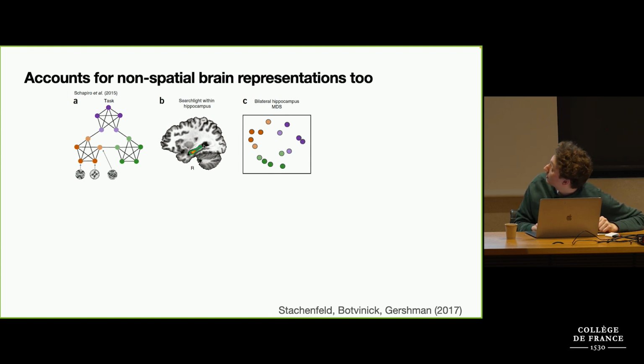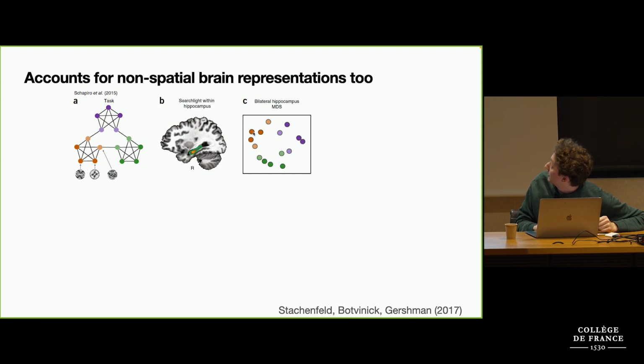Then we can come along and take a recording from the participant's brain using fMRI, and we can look at the representation of each image. We've compressed this down to just 2 dimensions now, but we can see that in this hippocampal area, the hippocampus seems to code for these images, even though visually they're just random. There's no relationship amongst nodes visually, it nevertheless seems to encode the structure of the task in this brain area.